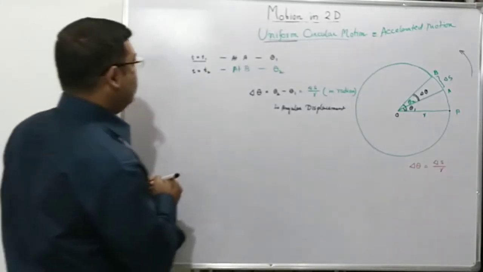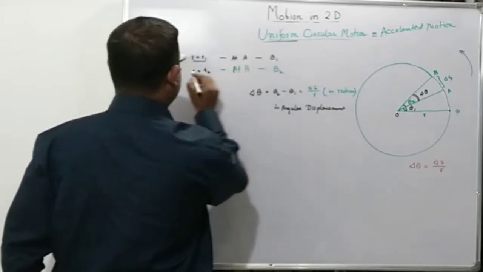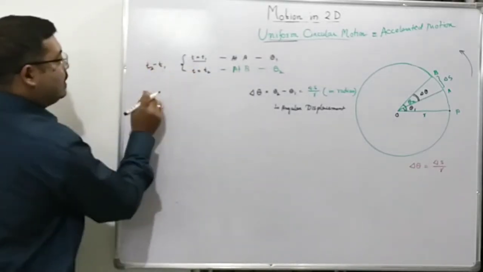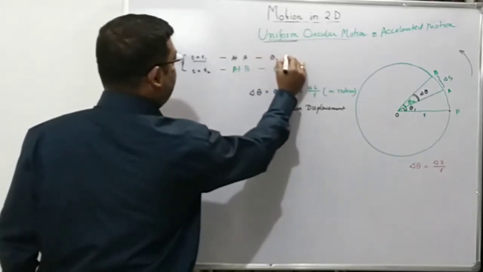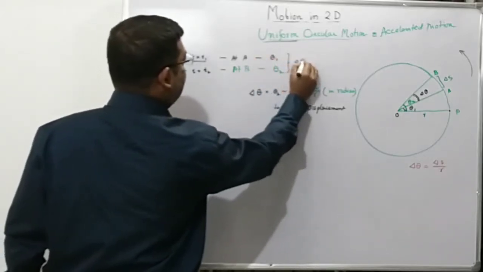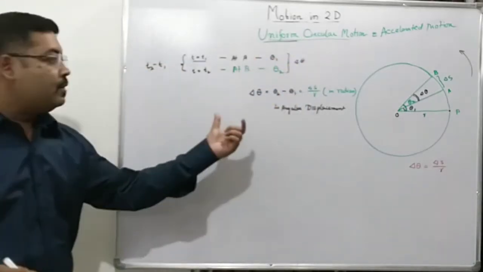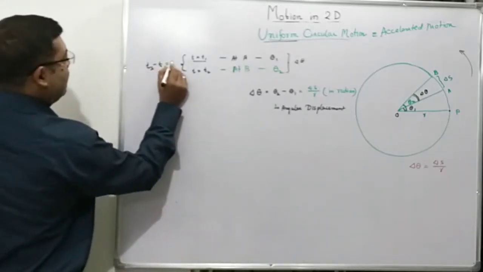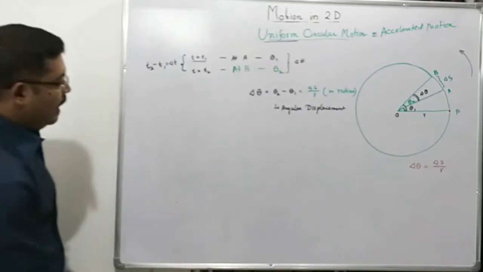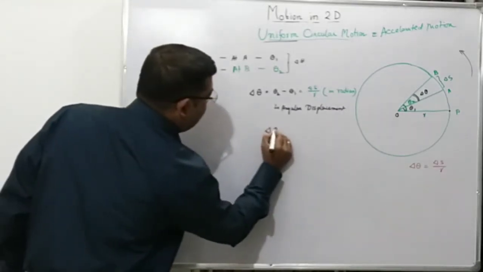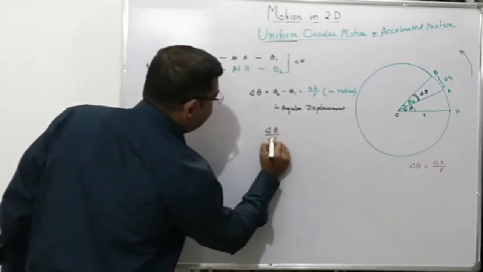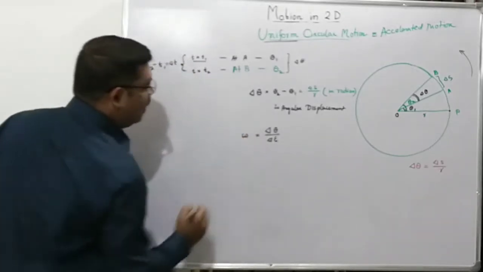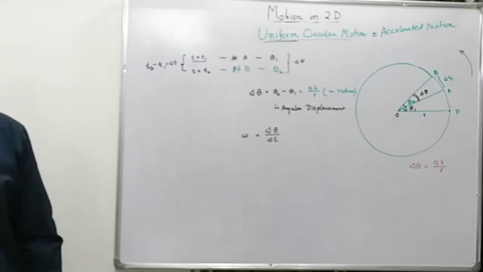Now, the time taken, that is t2 minus t1, is the time taken to move from theta 1 to theta 2, that is, for the angular displacement delta theta, the time taken is t2 minus t1. Let's call this delta t. Then delta theta divided by delta t will give us average angular velocity.